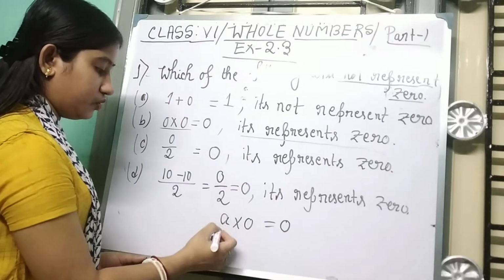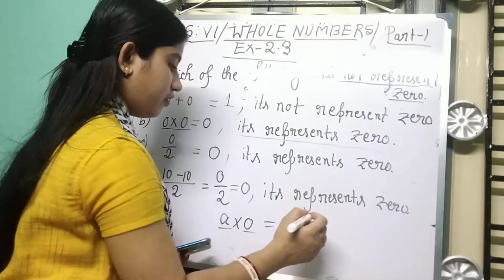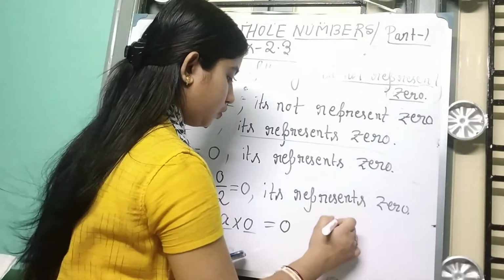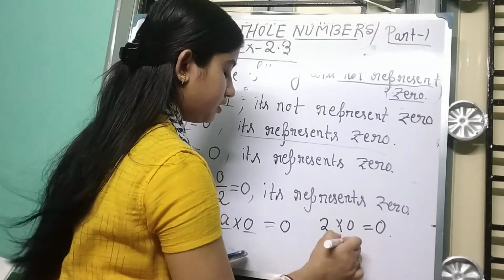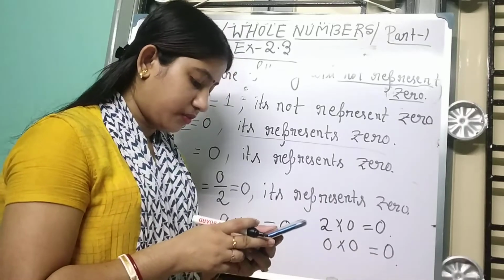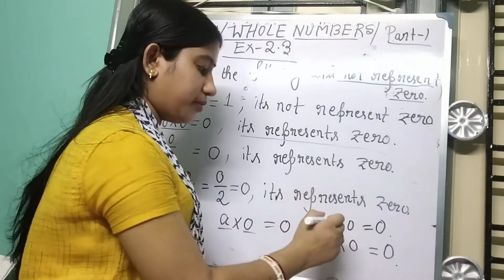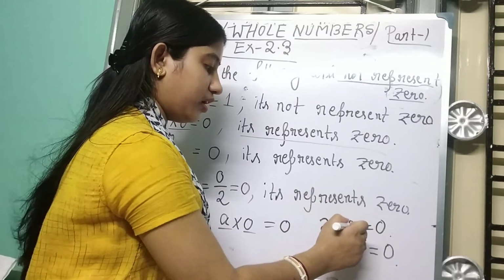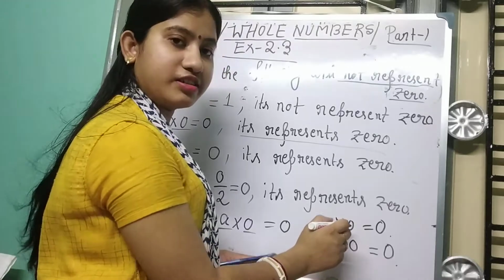So these two are whole numbers. Suppose A equals 2, 2 into 0 equals 0, and also 0 into 0 is also 0. So here 2 and 0 both are whole numbers, so the product of two whole numbers is 0. That means one of them must be 0.